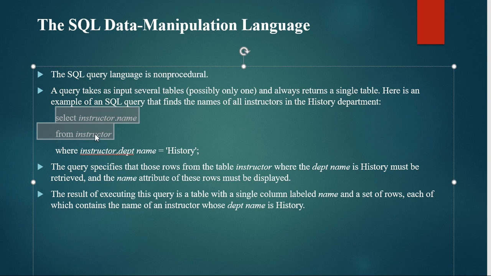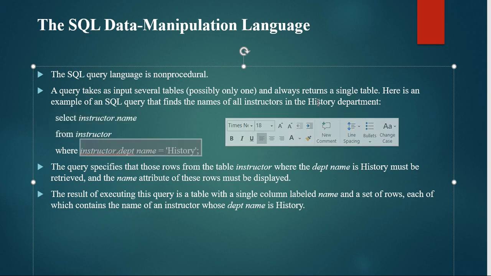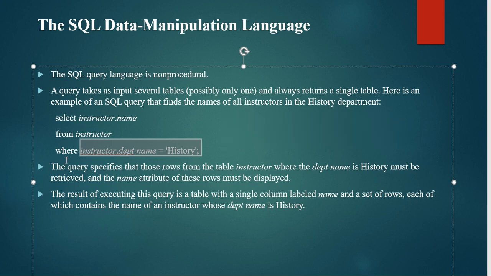From the instructor table, where you specify the history department. We are talking about teachers present in the history department, so you give a condition that the instructor's department will be history. What answer will you get out of this query? You will get the teachers from the instructor table who are in the history department.